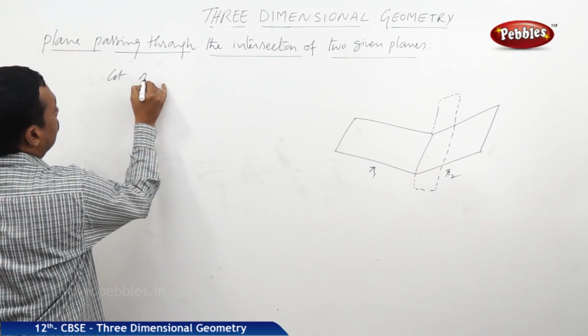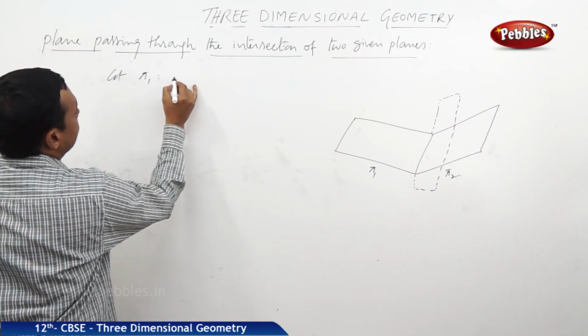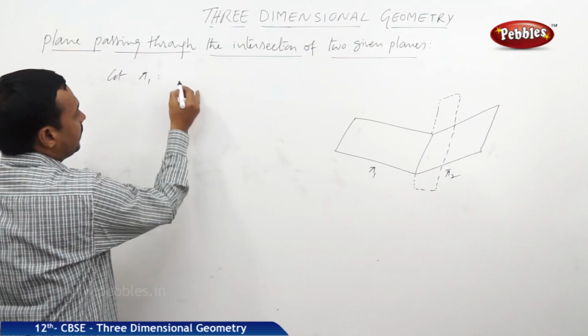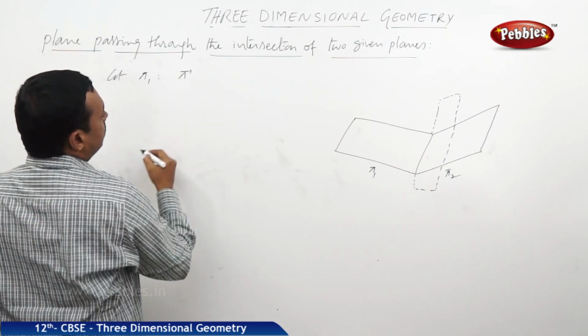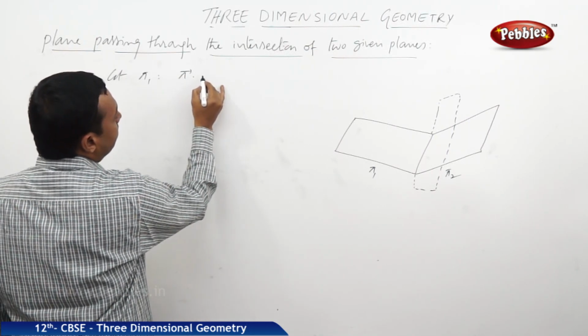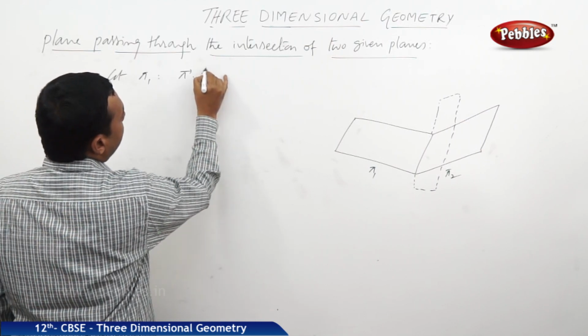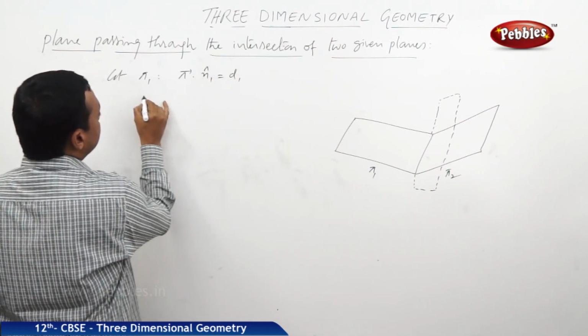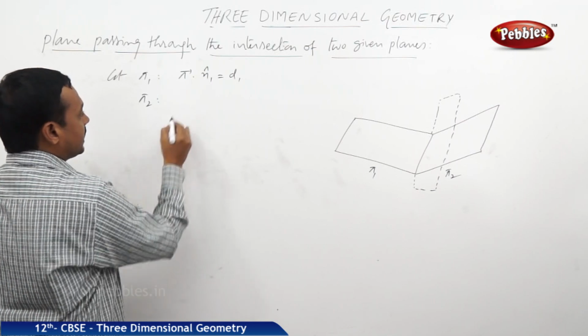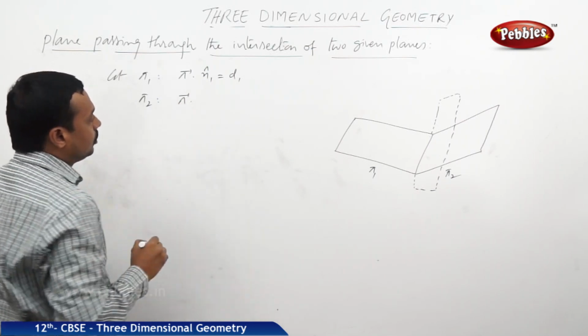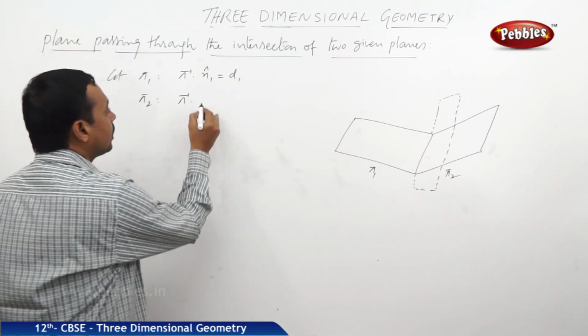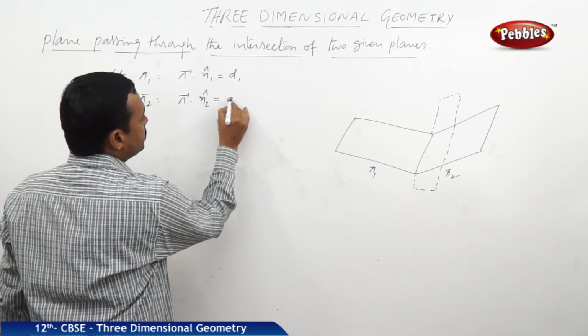Let pi 1 be one plane, r dot n1 cap is equal to d1, and pi 2 the second plane, whose vector form is r dot n2 cap is equal to d2.